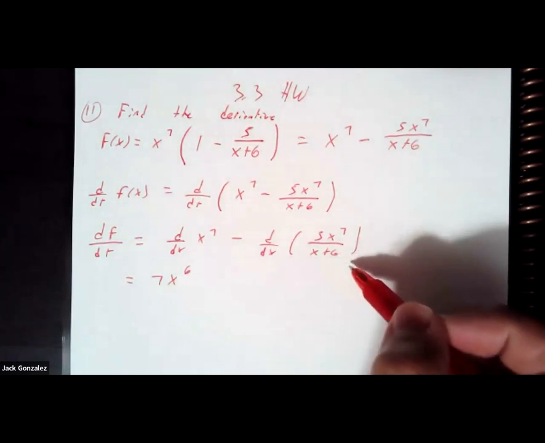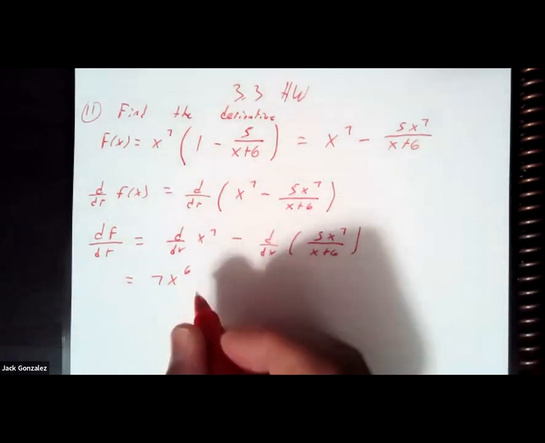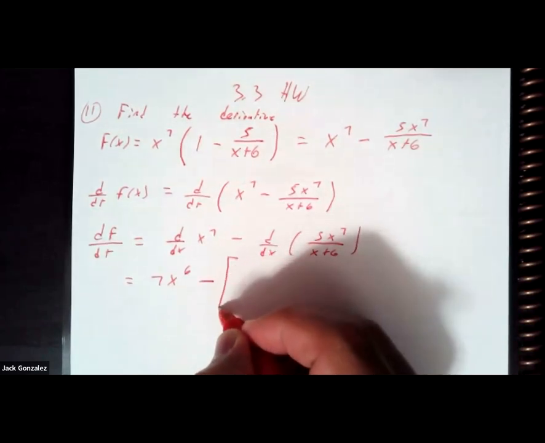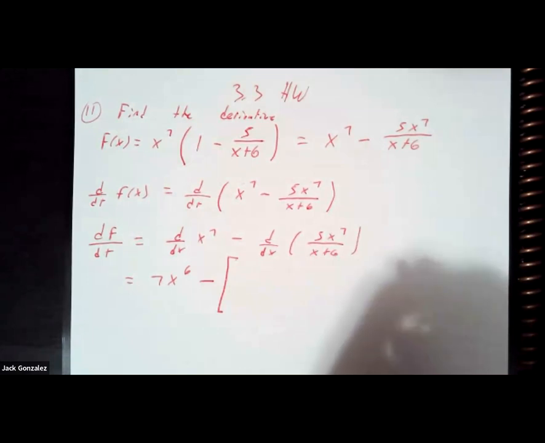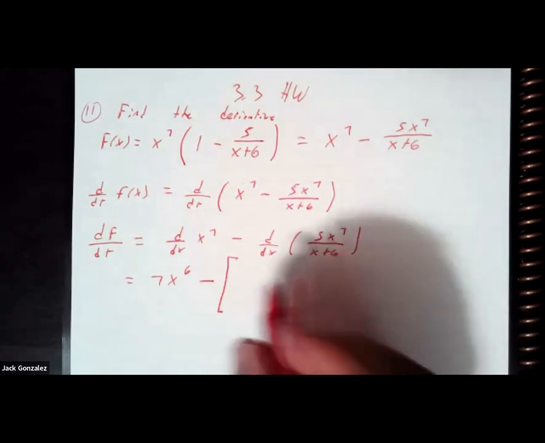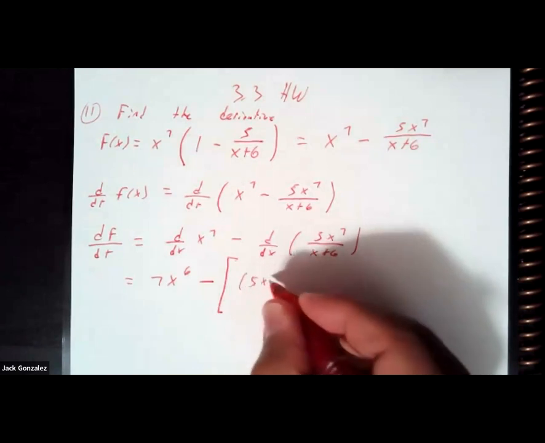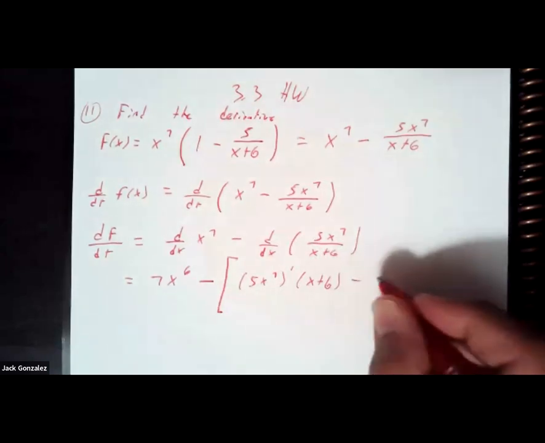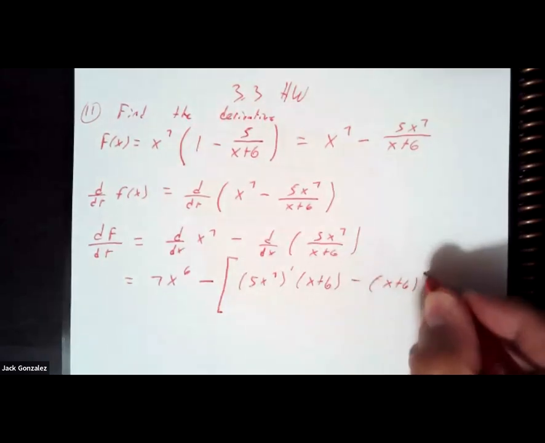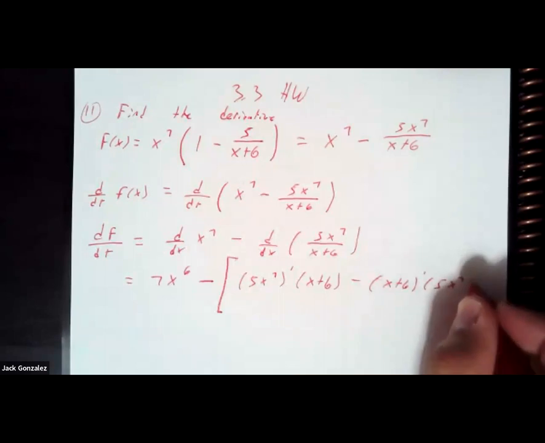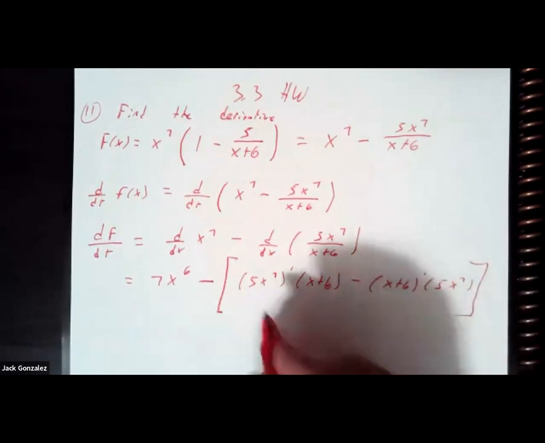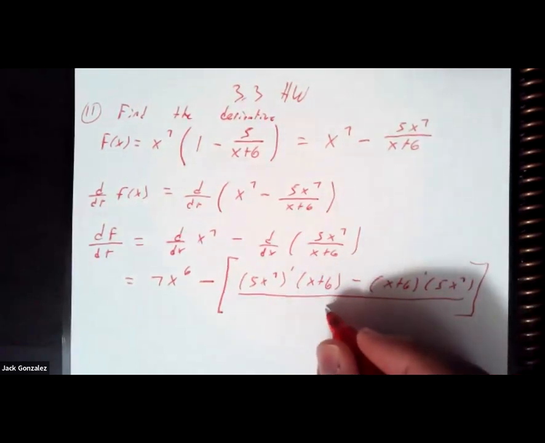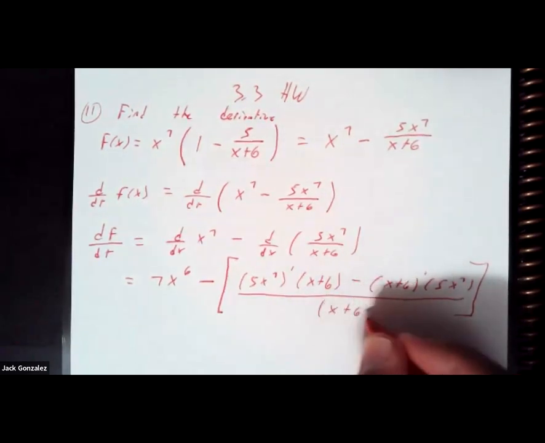The whole thing is negative, so I'm going to just leave it out there. So quotient rule is the derivative of the top times the bottom, minus the derivative of the bottom times the top, over the bottom squared.